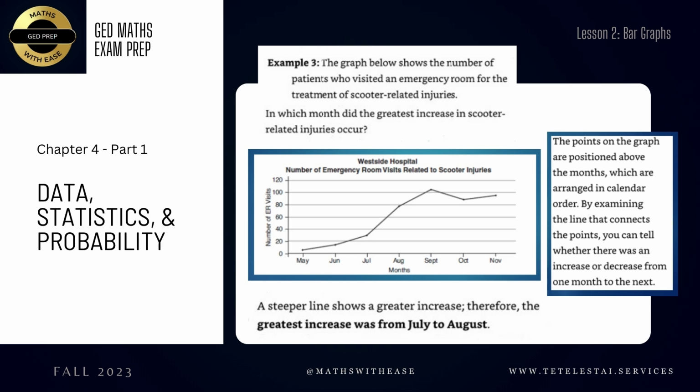But essentially, you want to make sure that you're paying attention to the direction of the line. So if the line is increasing, again, we're going up the mountain, you know that the line is increasing, okay? And if it's sloping downwards, when we're going down the mountain, you know that the line is decreasing, or your value is decreasing, okay? And then the angle of the slant will tell you the amount of increase, right?